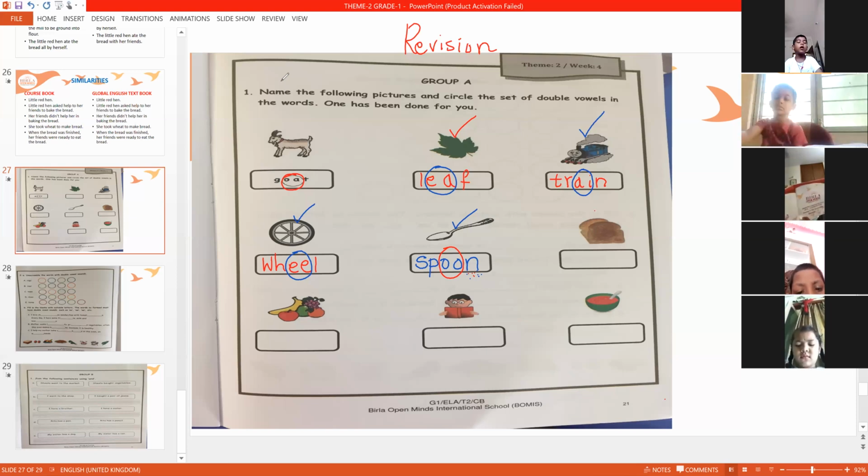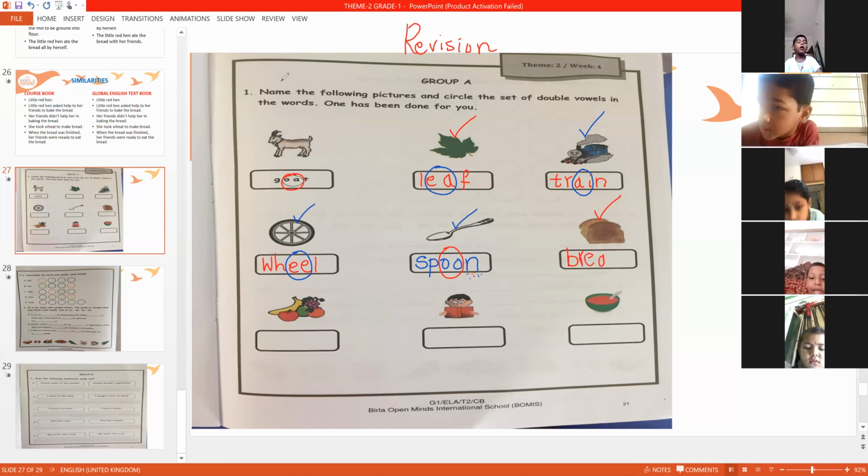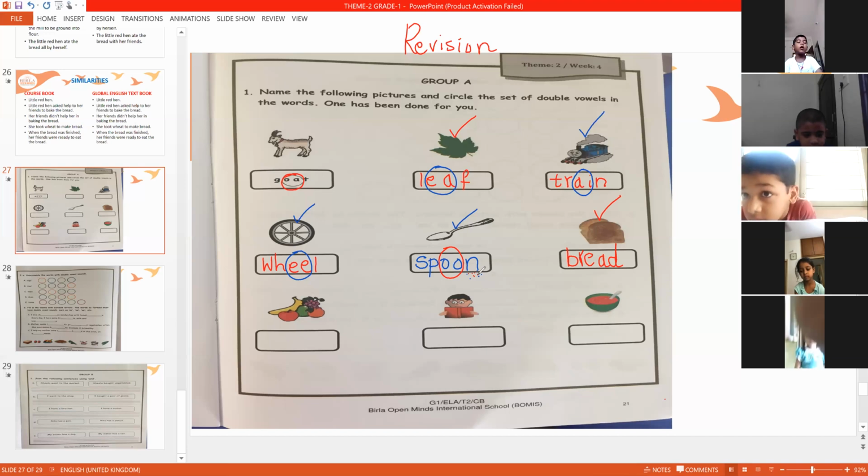And now tell me, what is this picture? Bread. Yes. B-R-E-A-D. Bread. Now here in bread also you can see two vowels together. Can you tell me what the vowels are in bread?